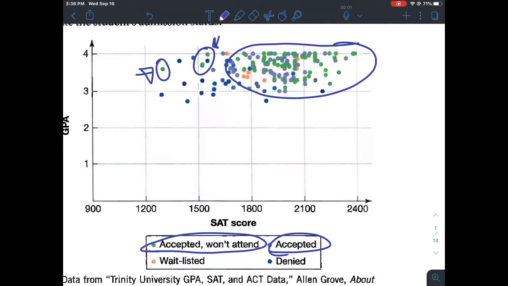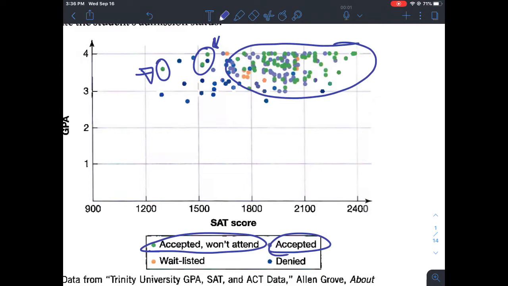Not all colleges base their acceptance just on SAT and GPA. Some colleges will look at your admissions essay, or they might look at extracurricular activities and take that into consideration when making a decision whether to accept or deny a student. So just because you have a low SAT score doesn't mean that you're necessarily written out from college.